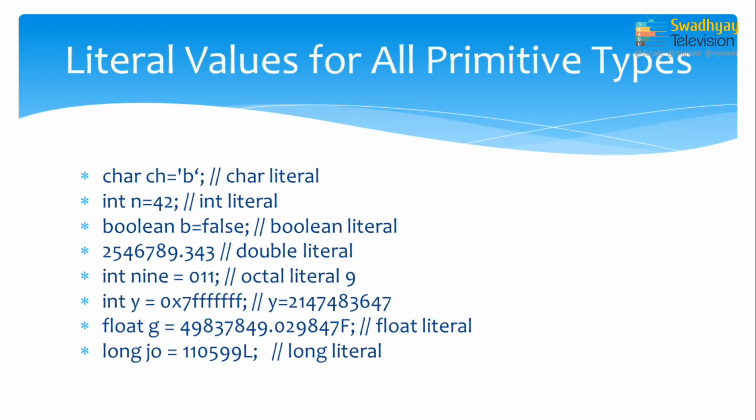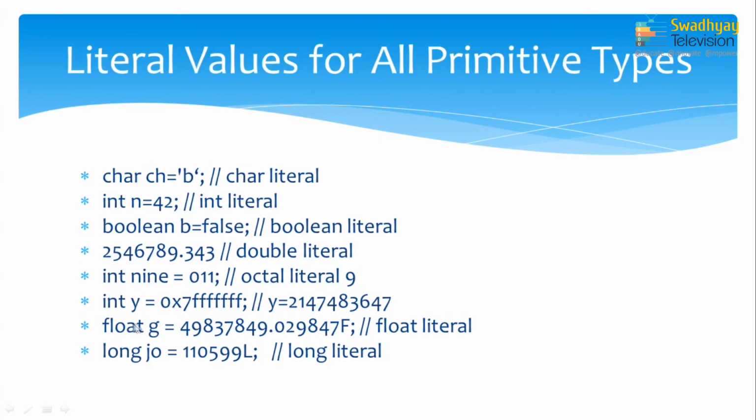The interesting point here is we can store an octal value inside an integer variable. On screen, if you follow the mouse pointer, integer 9 is equal to 011. Any number that starts with 0 is considered octal in Java, and here it represents the decimal equivalent of 9. We can have hexadecimal values also.